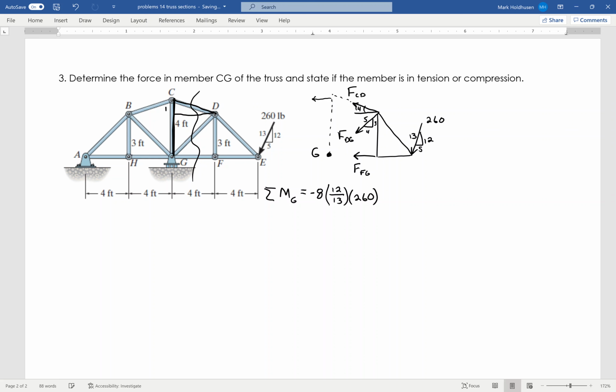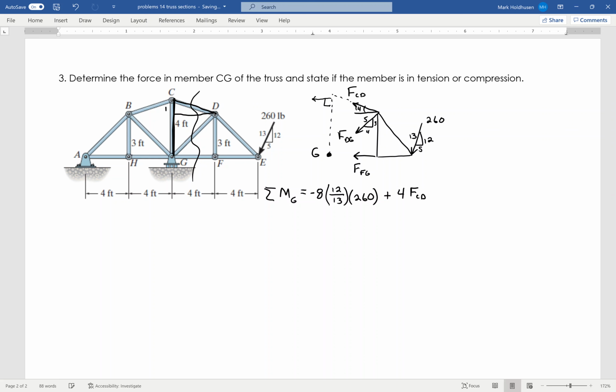Okay, and I only care about then the horizontal component of FCD. And again, I can do this because I can draw from the point to anywhere along the line of action of the force. So I'm going to go up to where CD is, okay, and just worry about that horizontal component with that vertical distance away. So again, that vertical distance, this is going to be a positive moment. That vertical distance is 4, and then it's FCD.